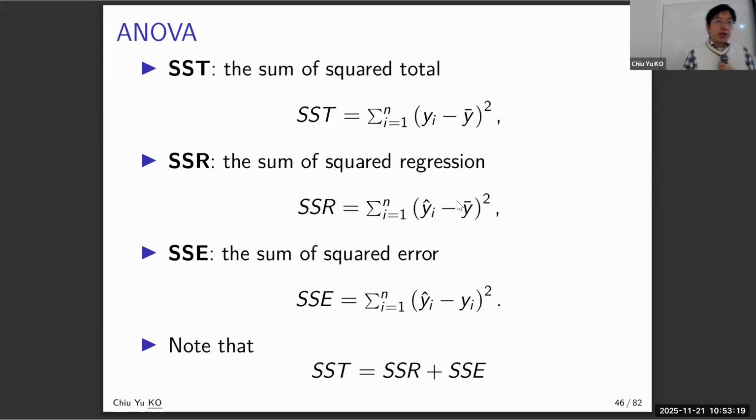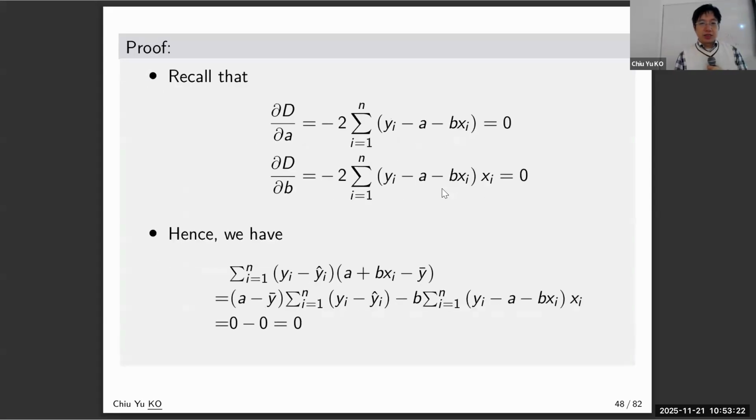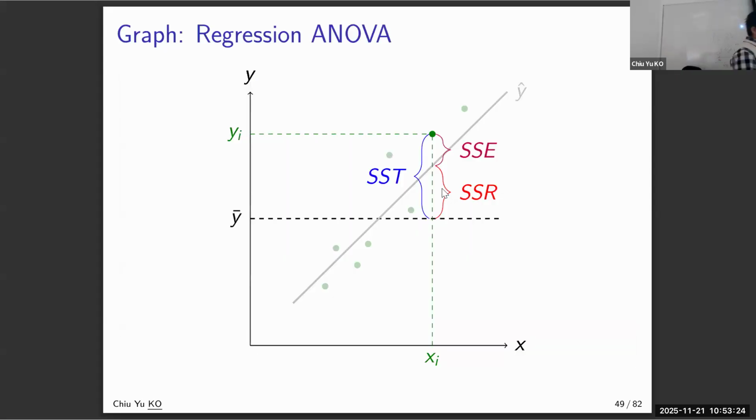Let's look at the formula, because it's easier to look at this picture. The green dots are your data, and the black line is your regression line. SST is just your y minus y bar, so that's basically this guy.